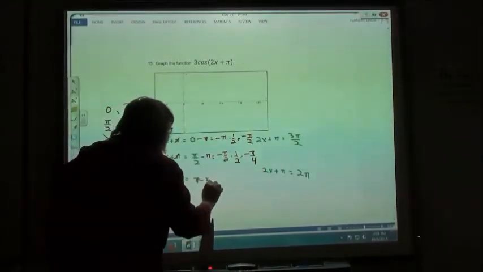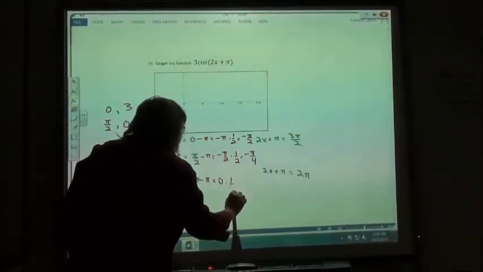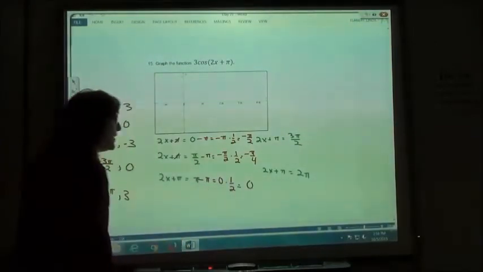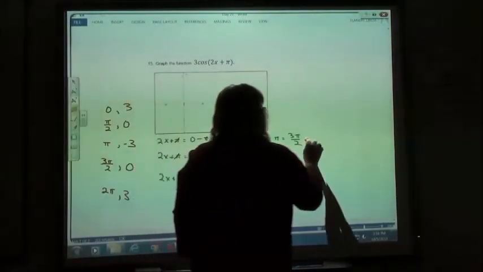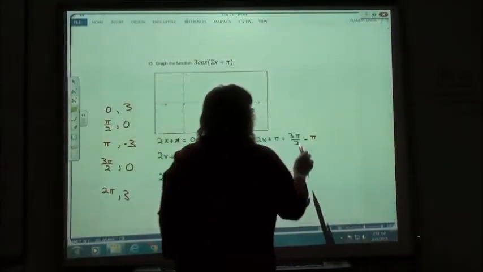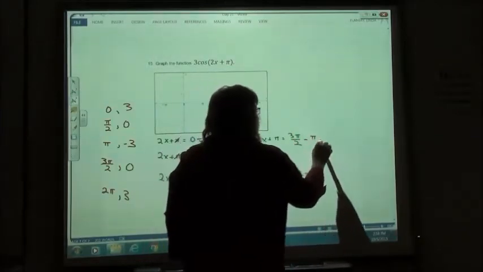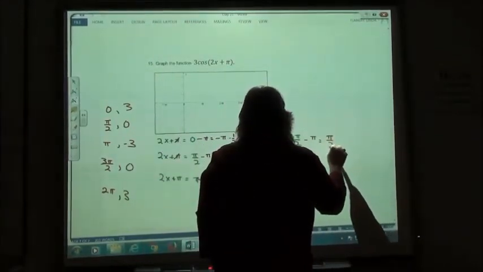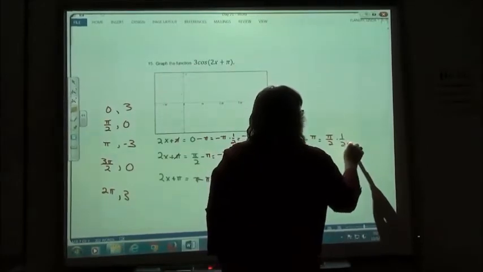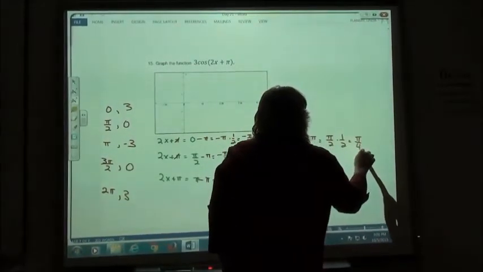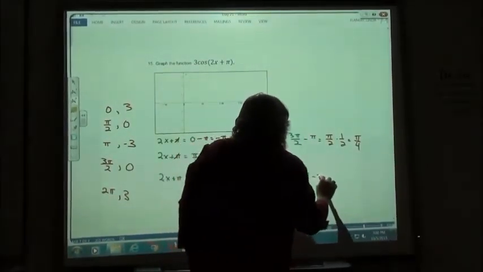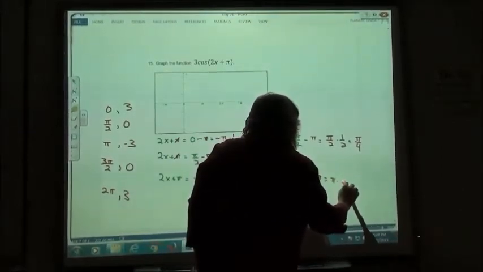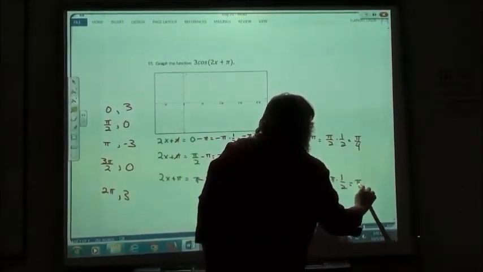Here we're going to subtract pi, which is 0, multiply by 1/2, which is still 0. Here we're going to subtract pi. So 3 pi over 2 minus 2 pi over 2 would be pi over 2 times 1/2, pi over 4. Here we're going to subtract pi, which is pi times 1/2, so pi over 2.